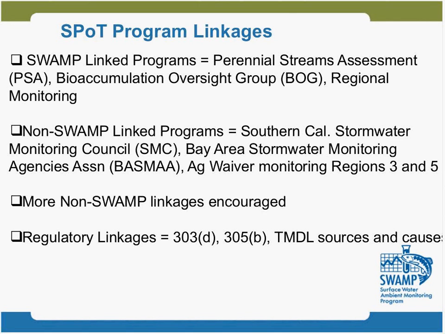And then the other linkages include stations in the Central Valley in Region 5 and stations on the Central Coast in Region 3 that are agriculture monitoring stations related to the ag waiver programs. For those of you out there that might be doing monitoring and think there might be a way to link your stations with SPoT, we'd really like to encourage more communication on that.